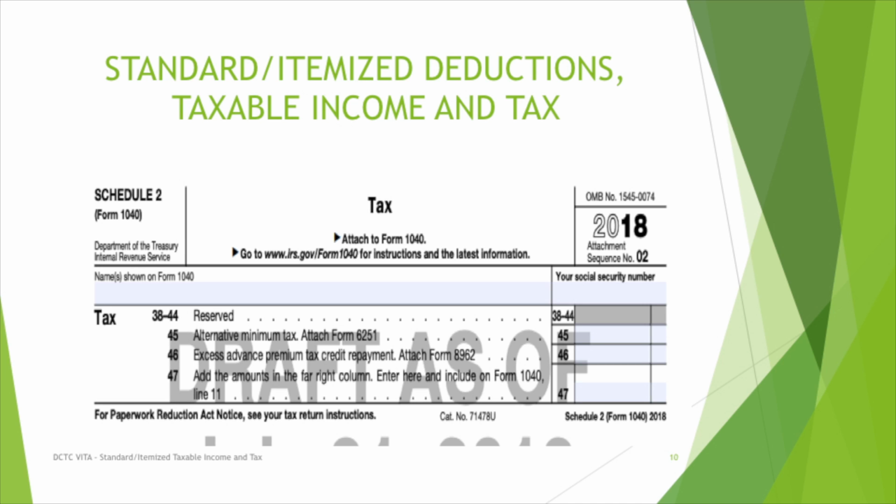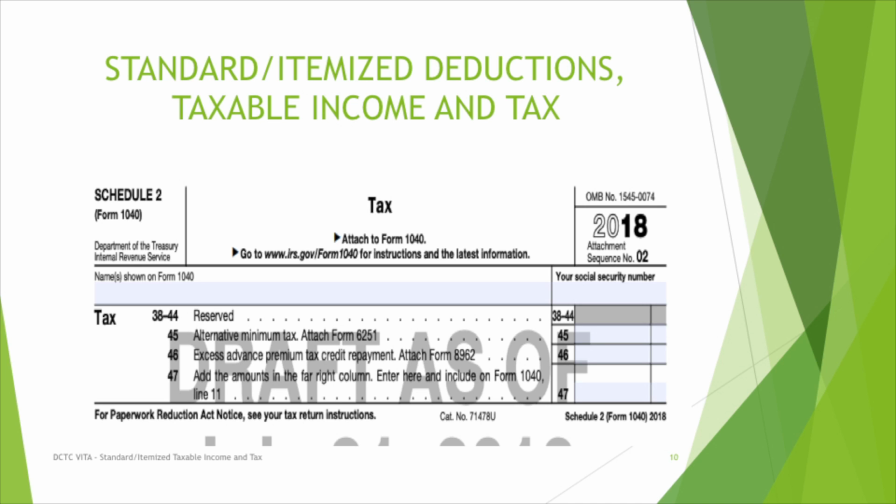If the taxpayer received too much or excess advance premium tax credit, they are required to pay back part or all of the advance premium tax credit amount with their tax return. Schedule 2, line 46, is the only tax that our clients will have to deal with on Schedule 2.